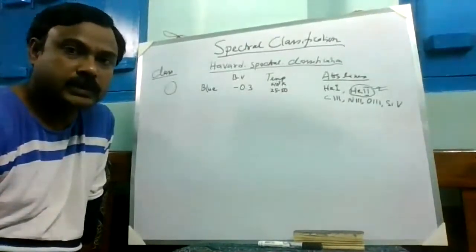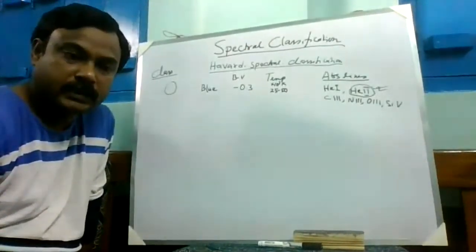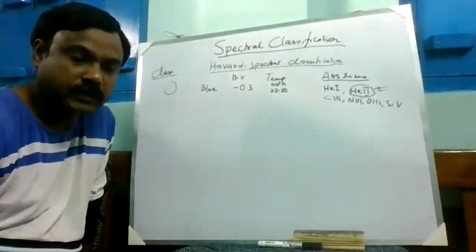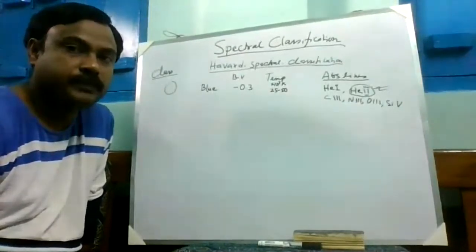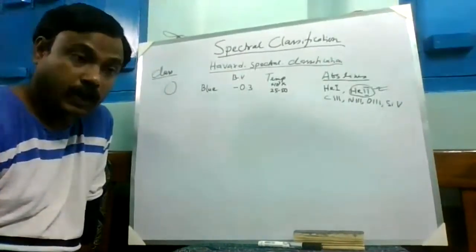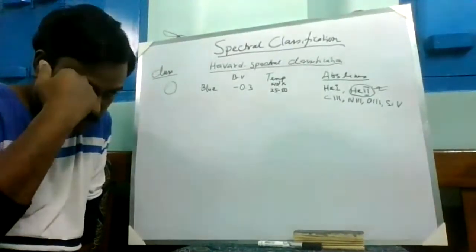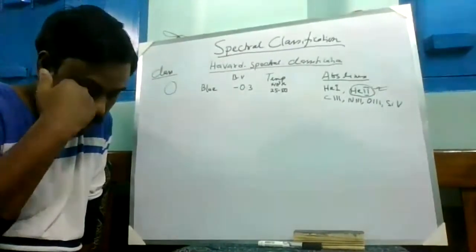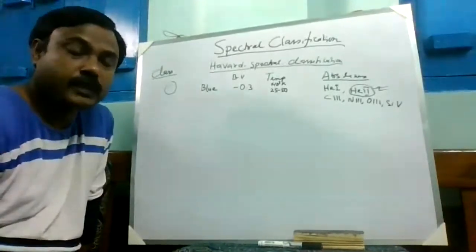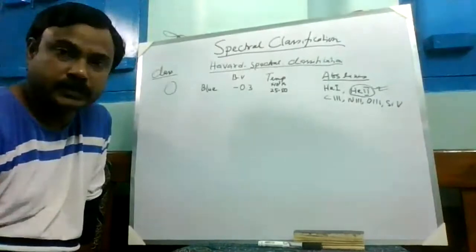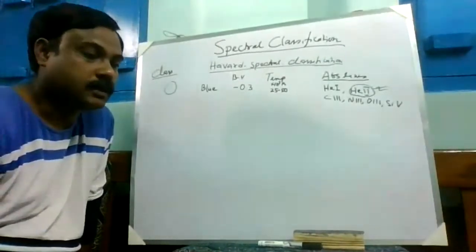This has been found experimentally on Earth, and some lines have also been calculated using quantum mechanics, quantum theory, and others.